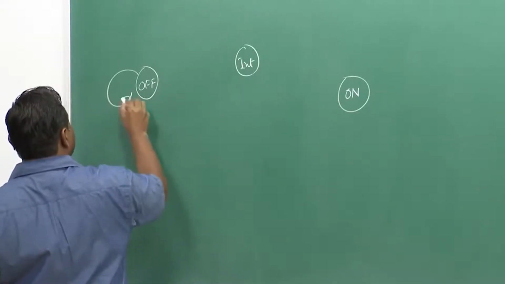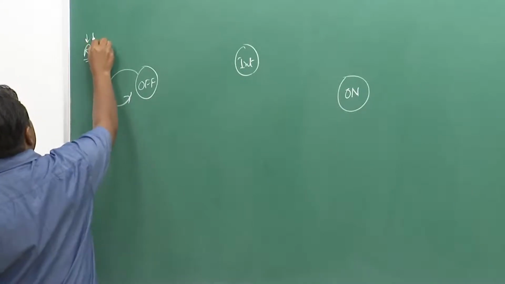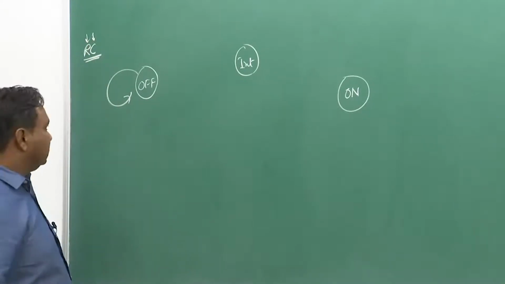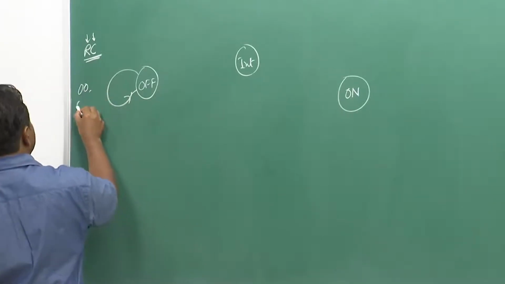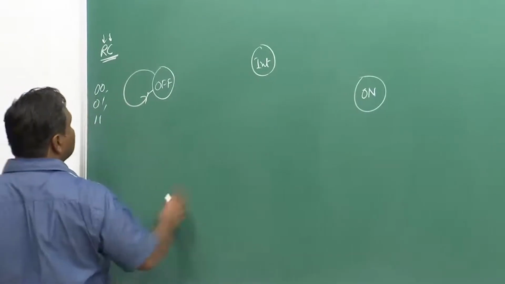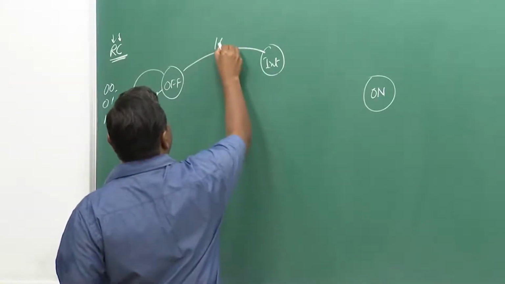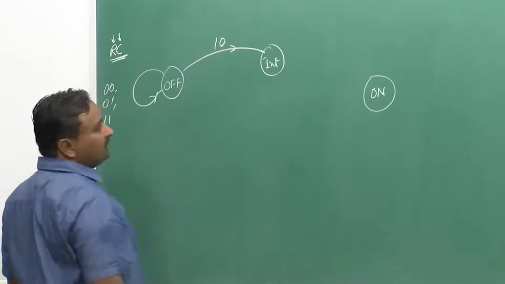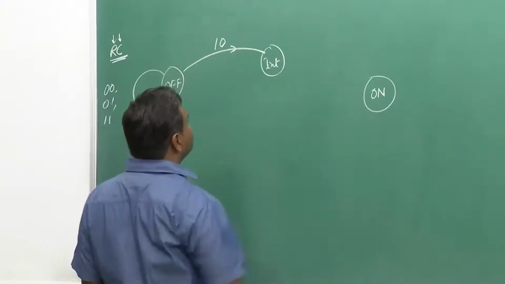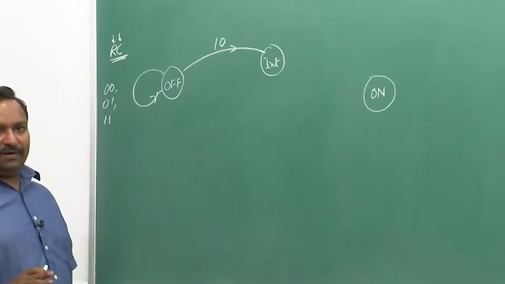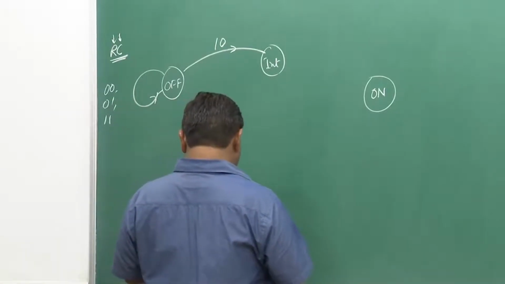So, in fact this is RC, the row and column control, which will lead to these states: 0 0, 0 1 and 1 1. It will go into the intermediate state if the row is activated and the column is not, and it can go to the on state only via the intermediate state.